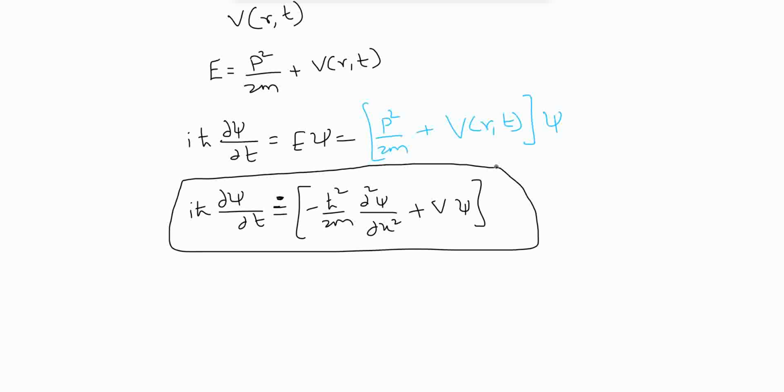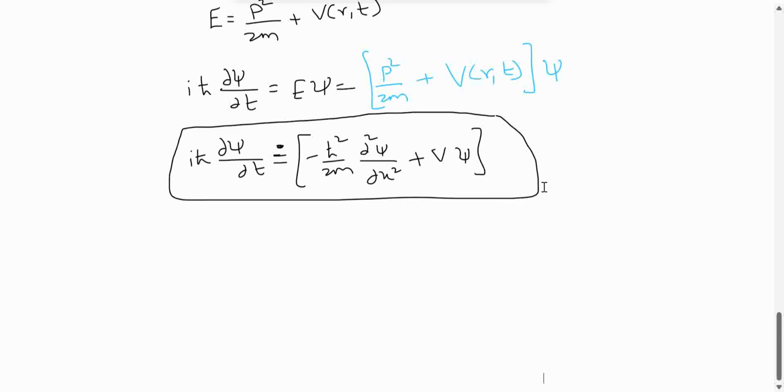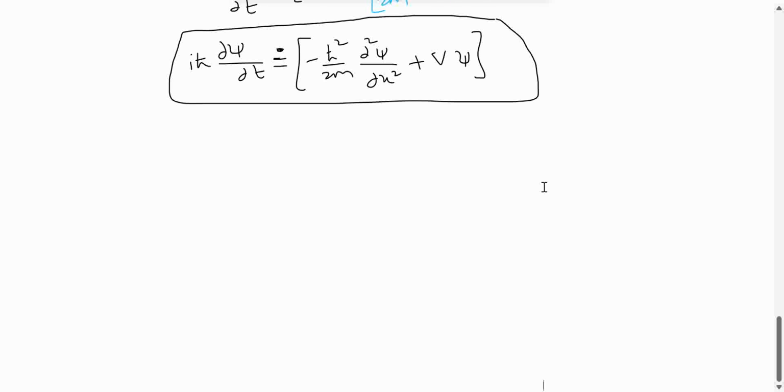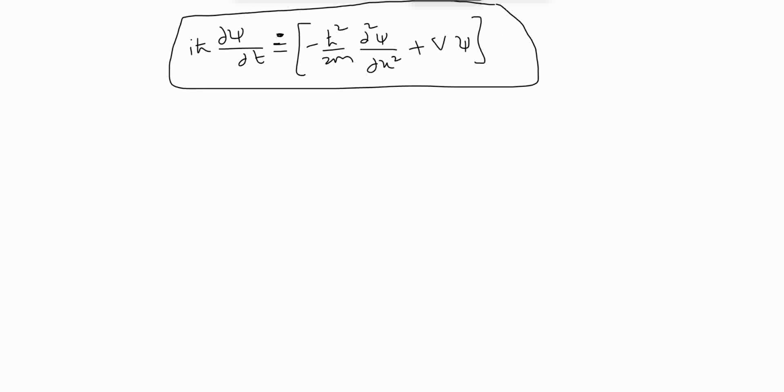And you might have known that the Hamiltonian is nothing but the sum of kinetic energy and potential energy. So H equals p square by 2m plus V. So we have V psi and p square by 2m psi.